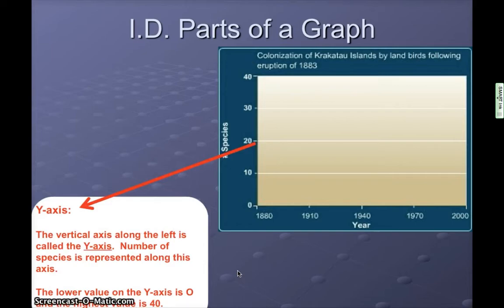After that, the y-axis is the one that goes up and down, and the lower value is usually 0, although it could be different from 0 down here. On this particular graph, it goes up to 40. Notice that each increment is divided by tens.